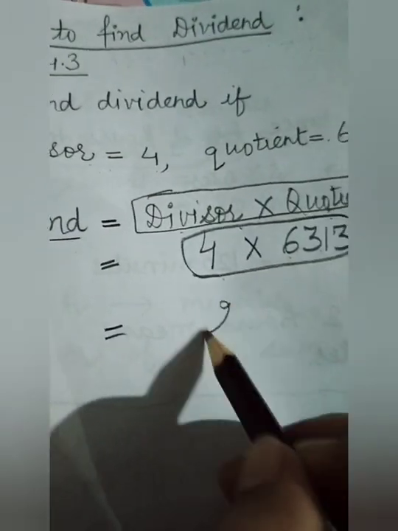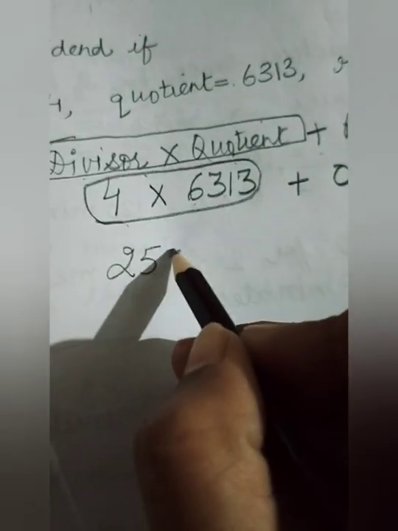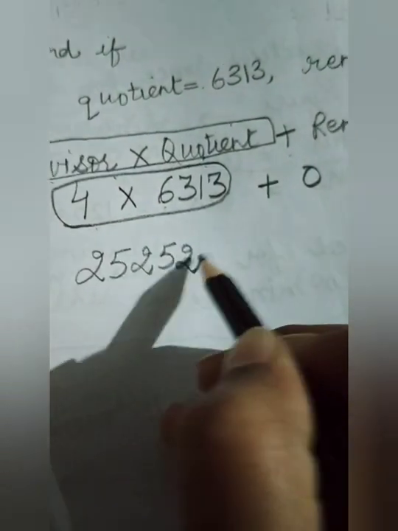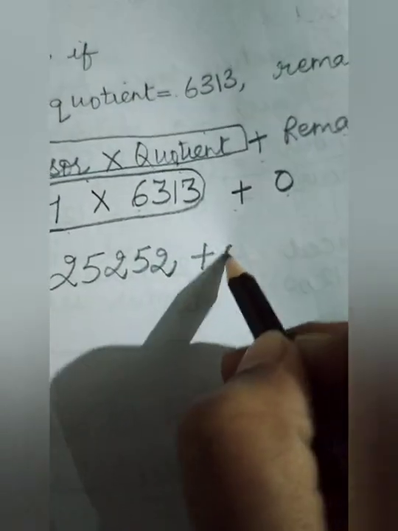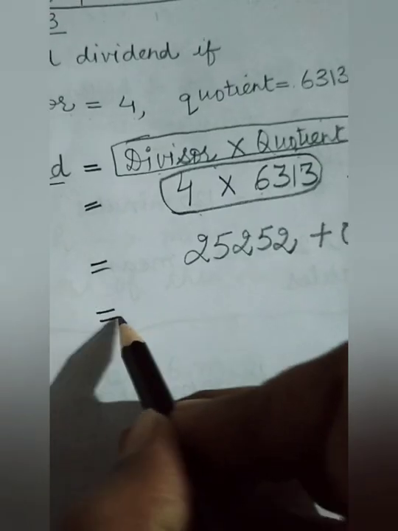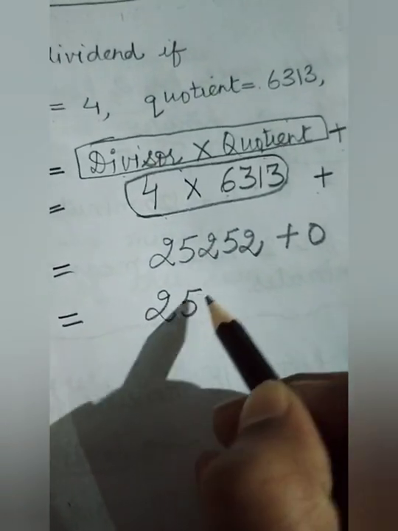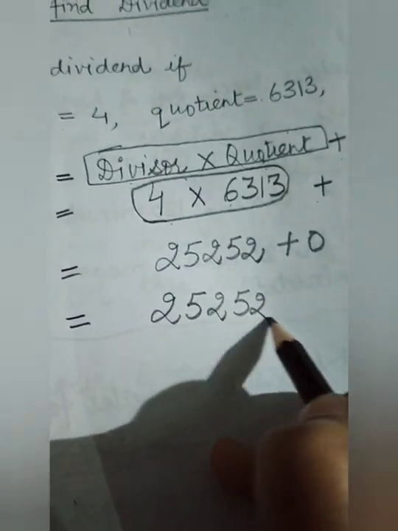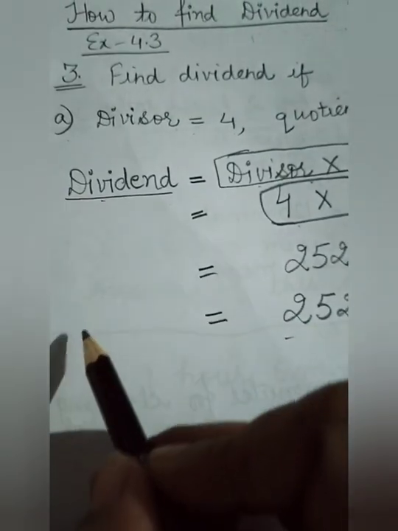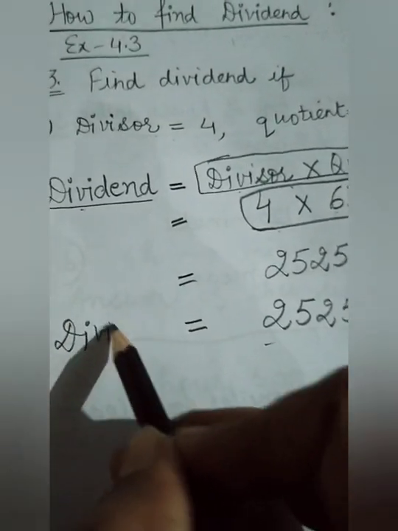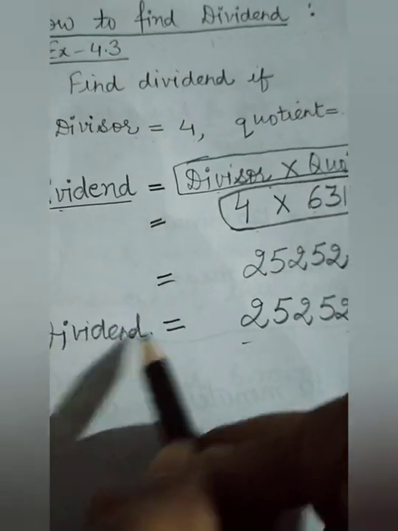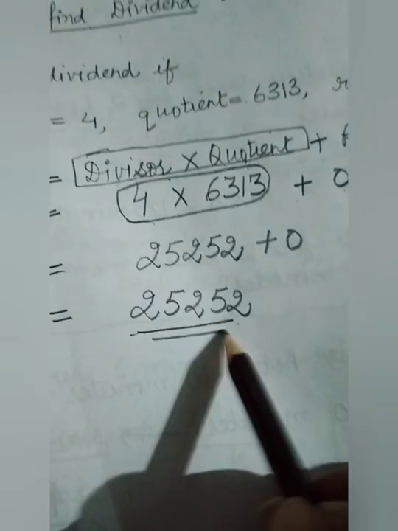Here we will write 25,252 plus the remainder, that is 0. After adding, we get 25,252. So this is the dividend. We got the dividend after the calculation like this.